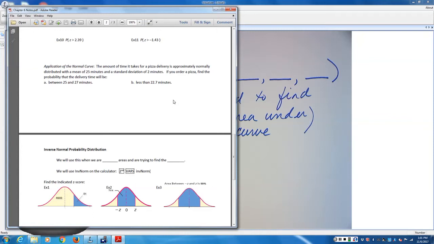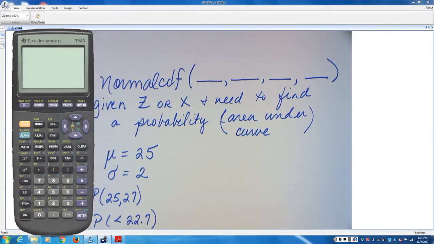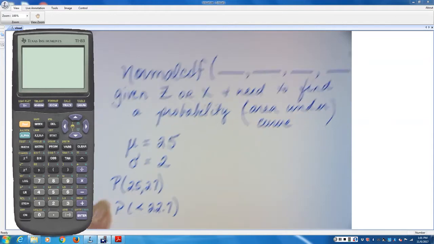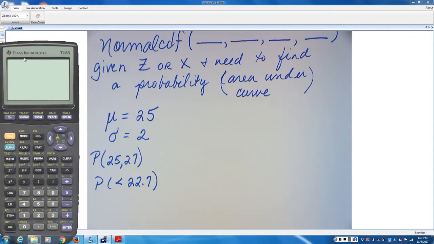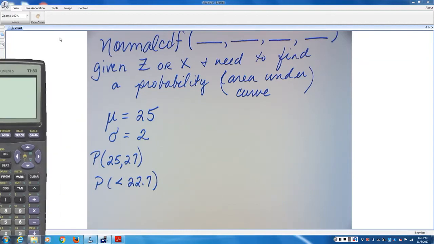We need to find the probability that any randomly selected delivery time would be between 25 and 27 minutes, and that it might be less than 22.7 minutes. So I've written those down, and I'm going to move it off to the side for a minute.